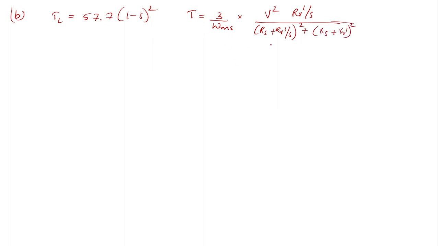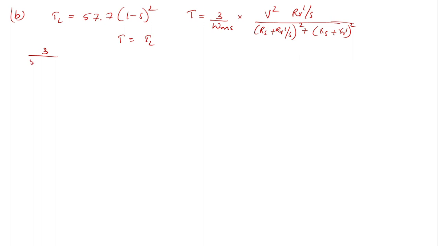Here the terminal voltage is given. You know the value of RR dash, omega ms, RS, but you don't know the value of slip. So you can substitute all of these values, and you also know that during steady state T is equal to TL. So you can do the substitutions.